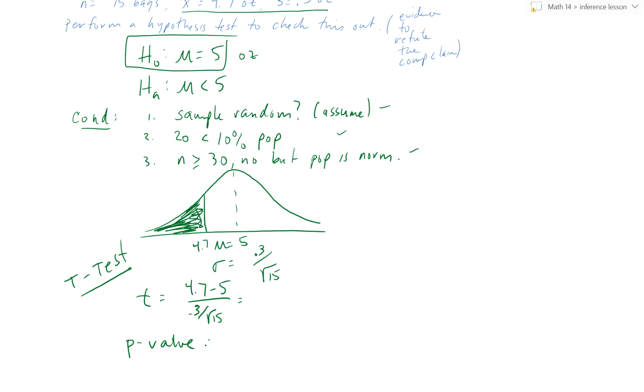N is 15. And I want mu is less than mu sub 0 on my calculator. So if I calculate it, I get the p-value is 2.5 times 10 to the negative 10th.